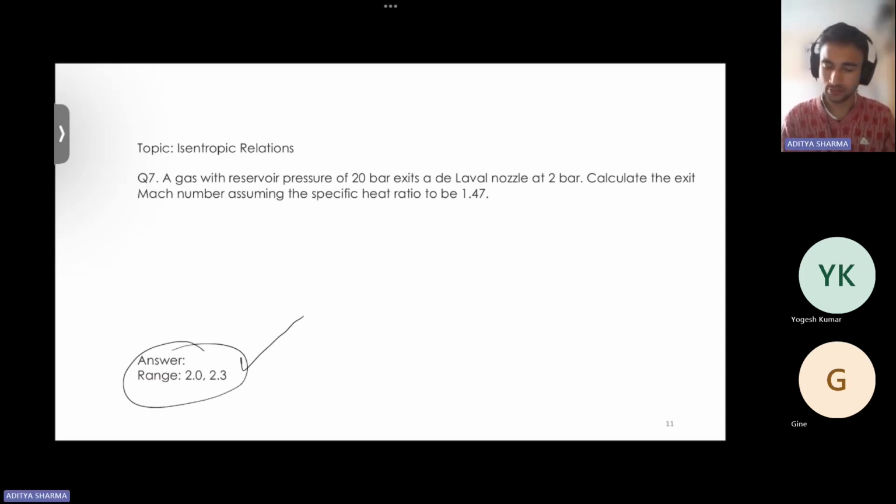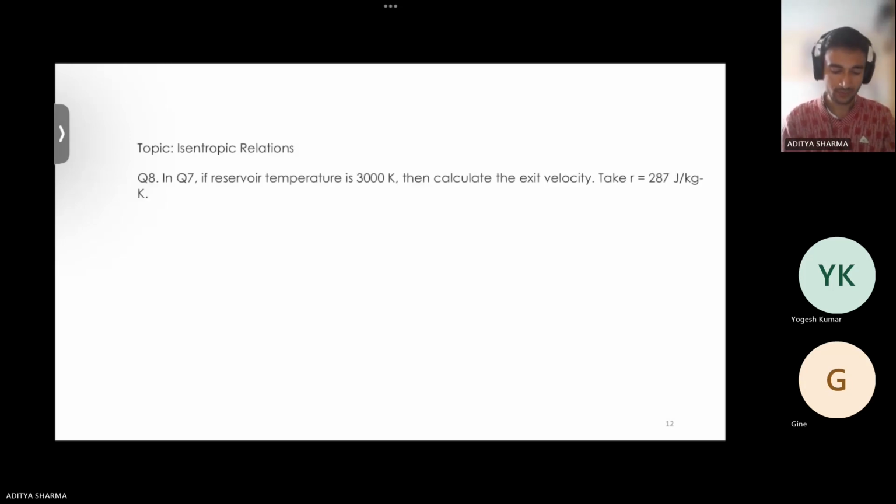This is clear, right? In question number 7, if reservoir temperature is 3000 Kelvin, then calculate the exit velocity. Oh, this should have been capital R. I'm sorry.